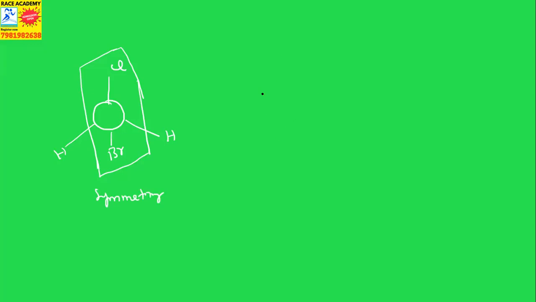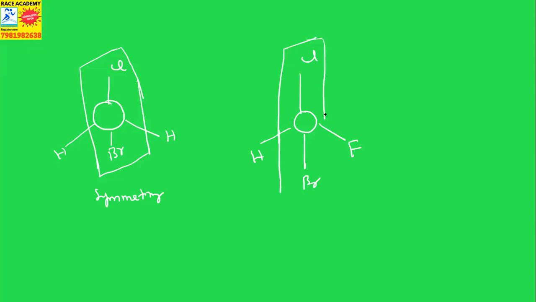While if you see the same thing with a different group of atoms, here I'm writing hydrogen, fluorine here, bromine here, chlorine here. If you assume this is a plane like this, what will happen?